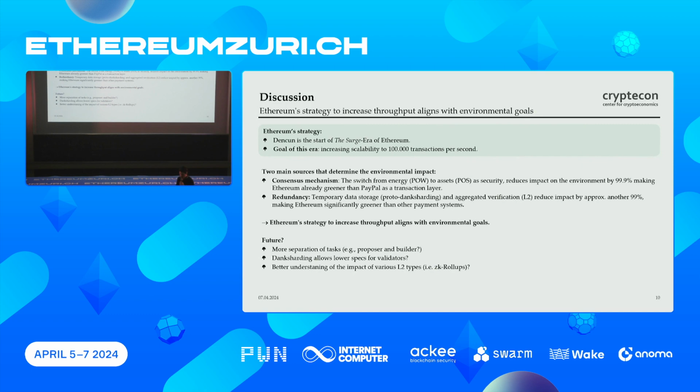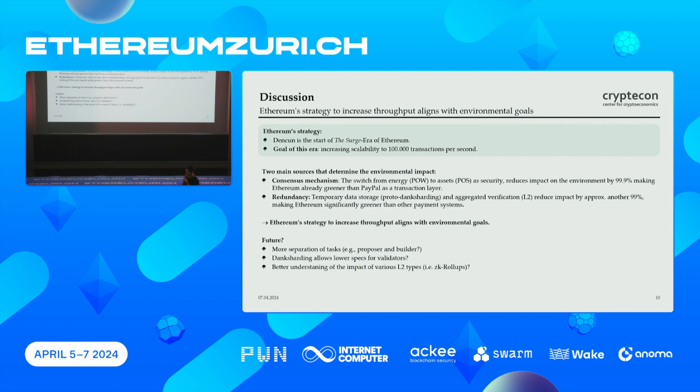What does the future hold? As I said, there is more going on with Dencun, so more involvement of Ethereum to make it more efficient. Then what else can be done is more separation of tasks, which also helps the efficiency. One is the proposer and builder separation, which is being discussed now.